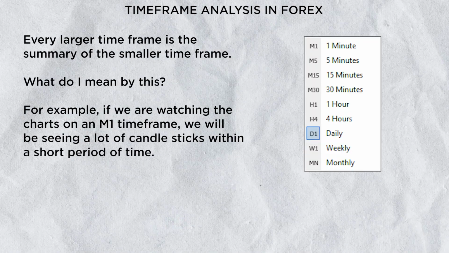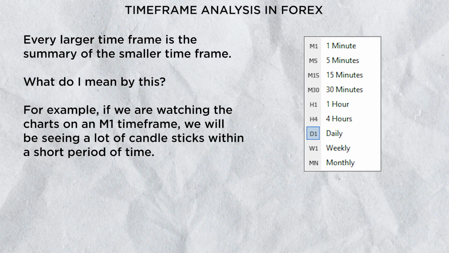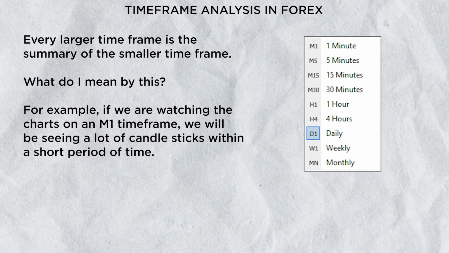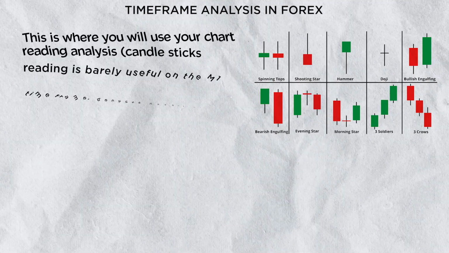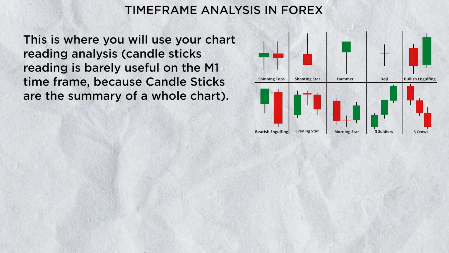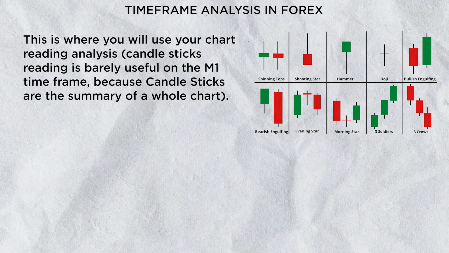Every larger time frame is the summary of the smaller time frame. What do I mean by this? For example, if we are watching the charts on an M1 time frame, we will be seeing a lot of candlesticks within a short period of time. This is where you will use your chart reading analysis. Candlestick reading is barely useful on the M1 time frame because a candlestick is the summary of a whole chart.